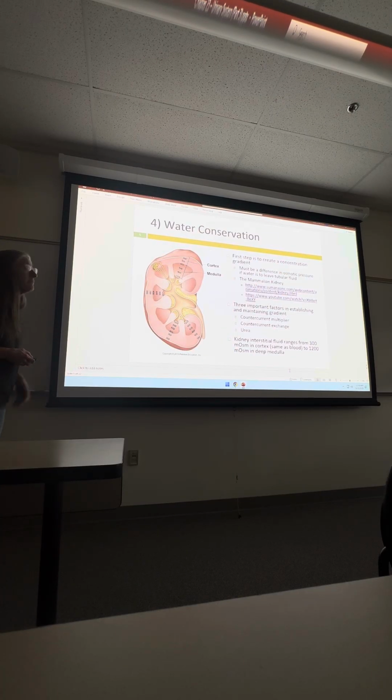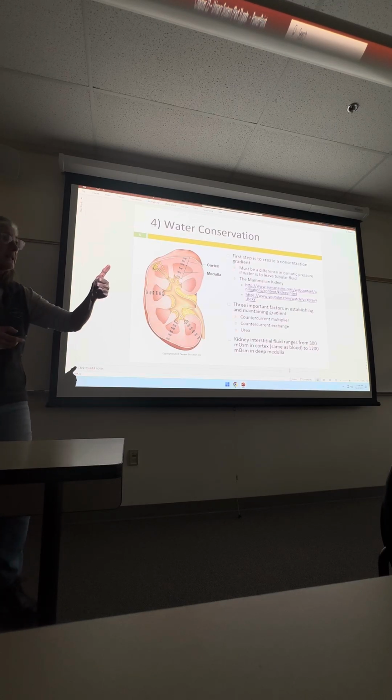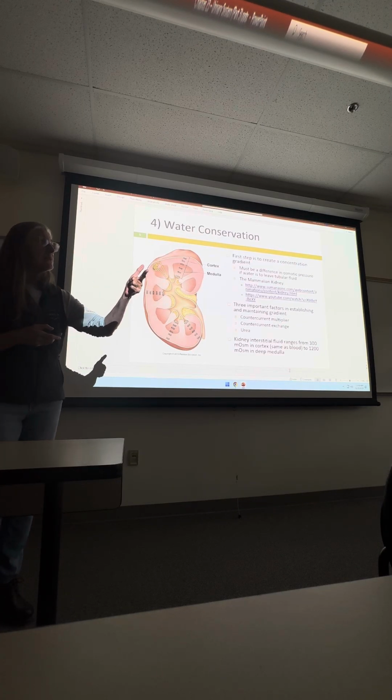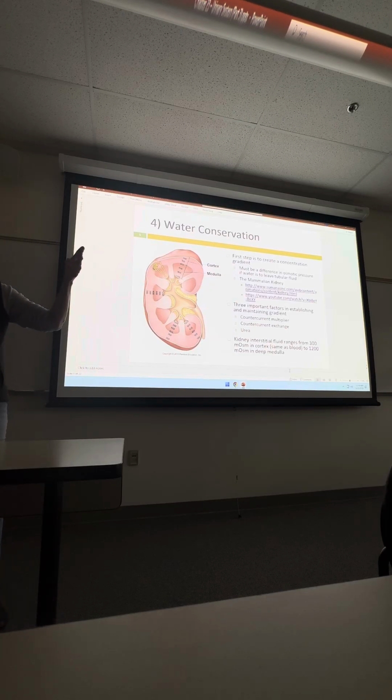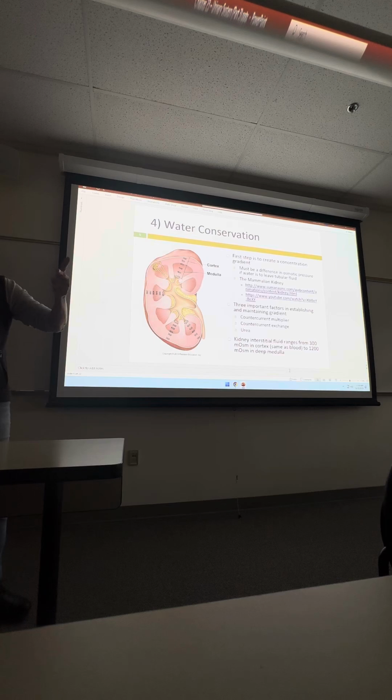All right. Question? Raise or lower blood pressure? Renin is important for raising blood pressure. Oh, okay. Because renin is released from the kidney in response to low blood volume. Low blood volume means low blood pressure. That renin then is delivered to the liver, where angiotensinogen is converted to angiotensin 1.